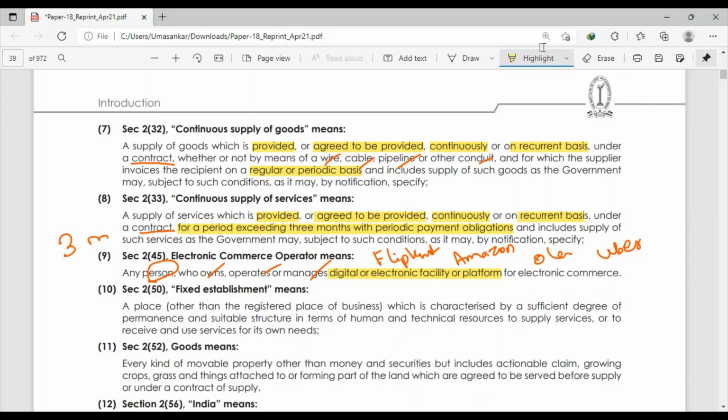I will take an example. Suppose you are ordering an electronic item like a phone or home theater or TV. Normally you buy from a shop or departmental store. But through an electronic commerce operator, you will go surfing on Flipkart, select a product, and order it. Flipkart will deliver that product to you from a supplier.